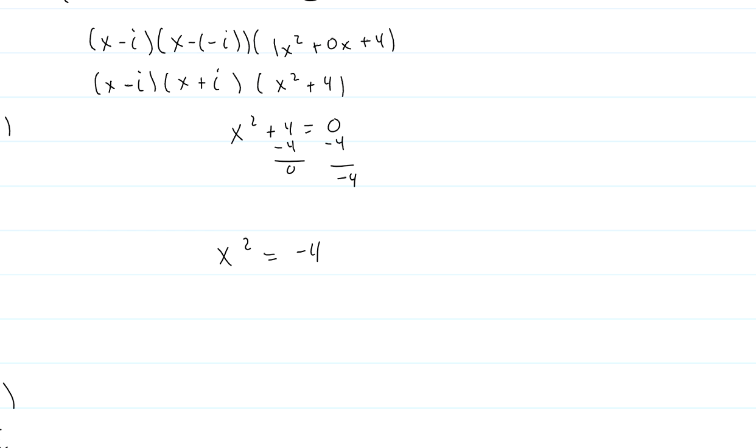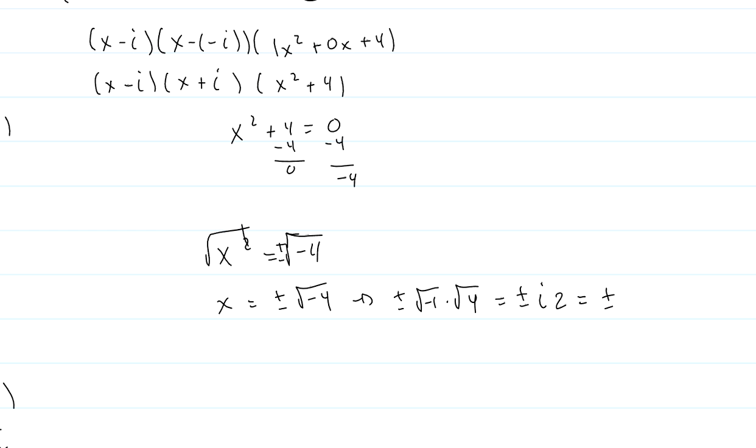Now, to get rid of the square, we take the square root of both sides. Since we took the square root, this becomes a plus or minus. So x is equal to plus or minus the square root of negative 4. But I'm going to rewrite this as plus or minus the square root of negative 1 times the square root of 4. So we get plus or minus i, and the square root of 4 is 2, so I'm going to rewrite this as plus or minus 2i.